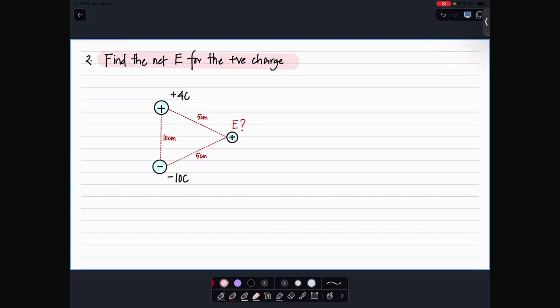You can tell me, what will you do? Net charge. What's net charge? Separately and subtract. You can add and subtract vectors under one condition. What is it?